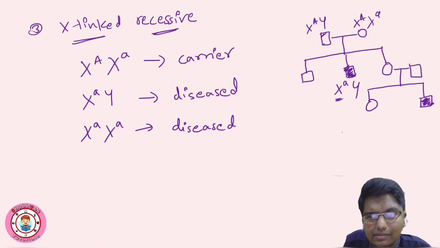So this is XAY. Again here the phenotype is seen XaY, right? This is also diseased. Okay, means she is also the carrier here, XAXa, right? So like this we can understand. Okay, so this is X-linked recessive. Means what we can see here.